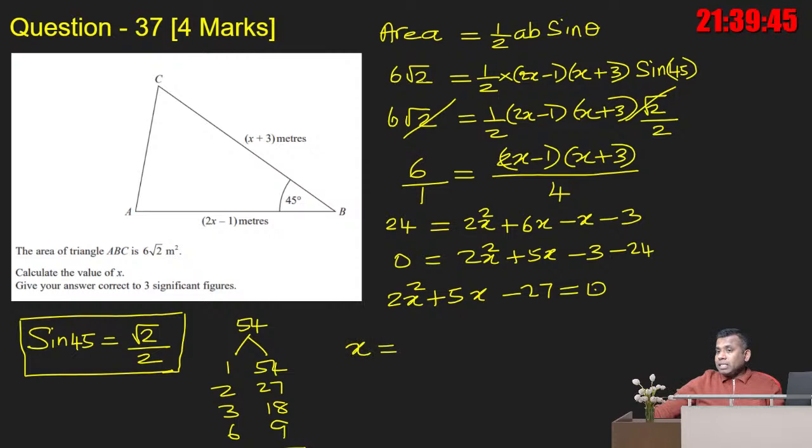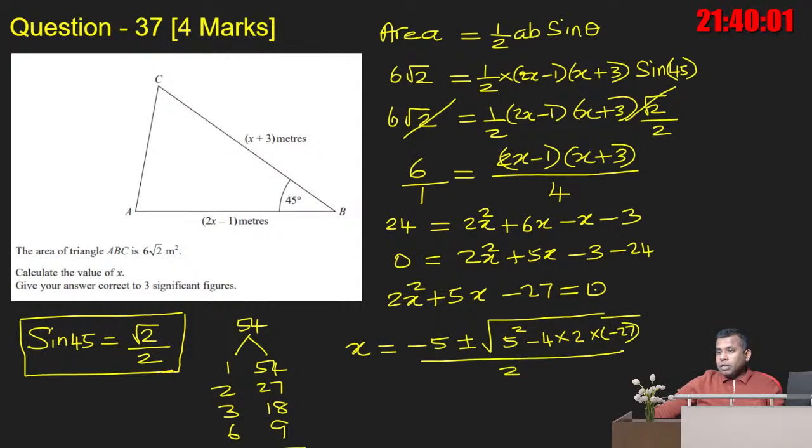So it's going to be the quadratic formula: x equals minus b plus or minus the square root of b squared, 5 squared, minus 4 times a times minus 27, all over 2 times 2. Let me show you the calculator method, which gives the answer in decimal form.